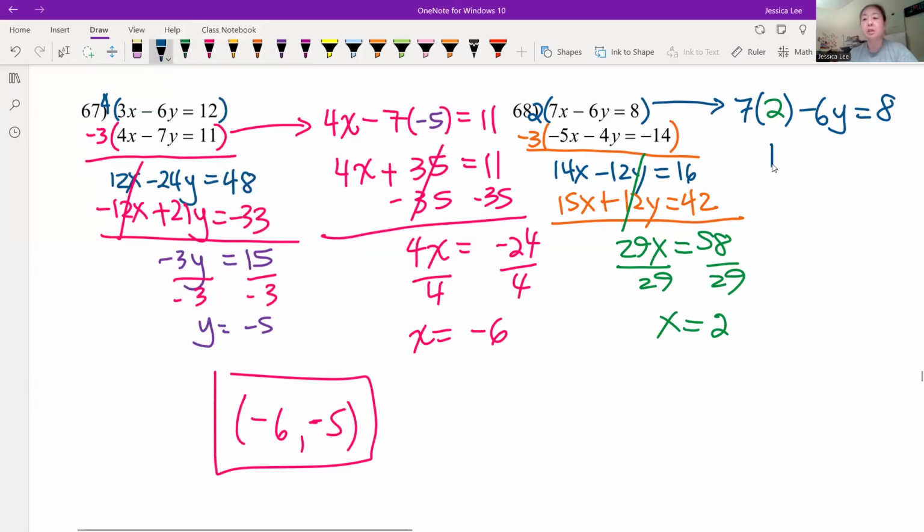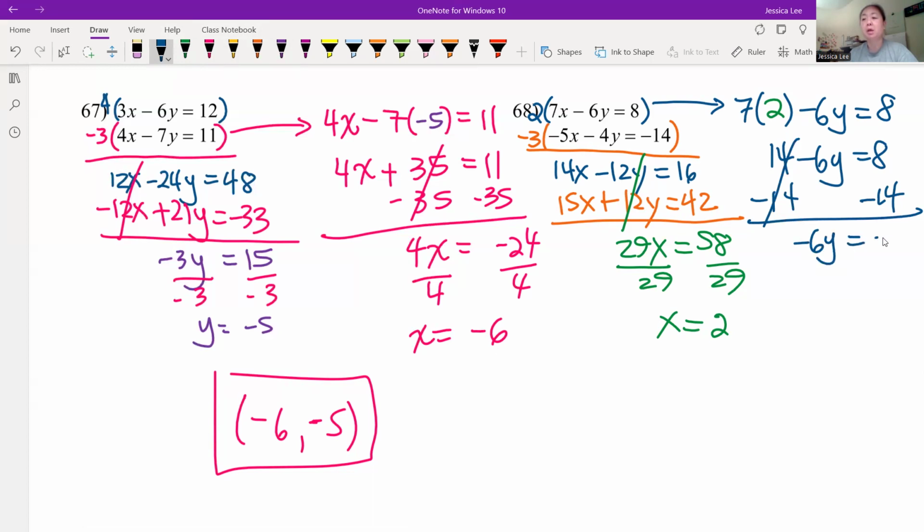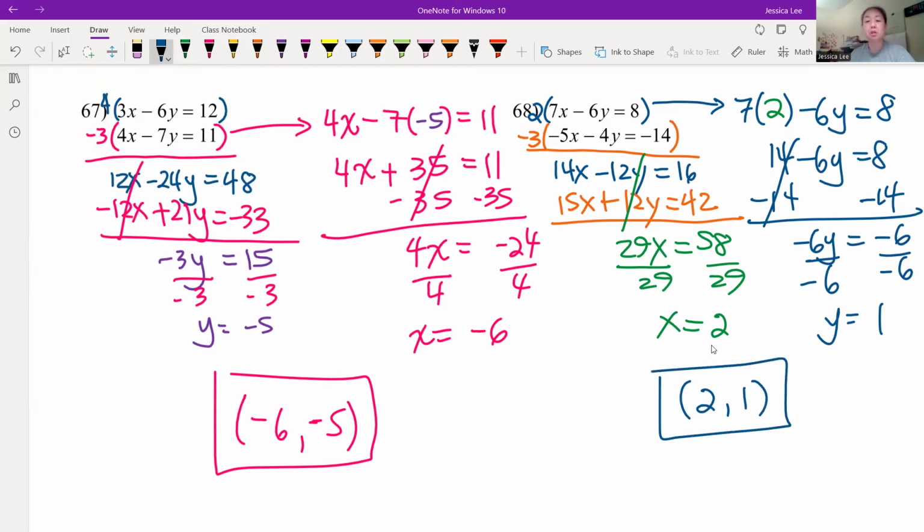So I get 14 minus 6y is equal to 8. So again, subtract 14 on both sides. Negative 6y is equal to negative 6. Divide by negative 6 on both sides, and y is equal to 1. So our ordered pair, our solution, is (2, 1).